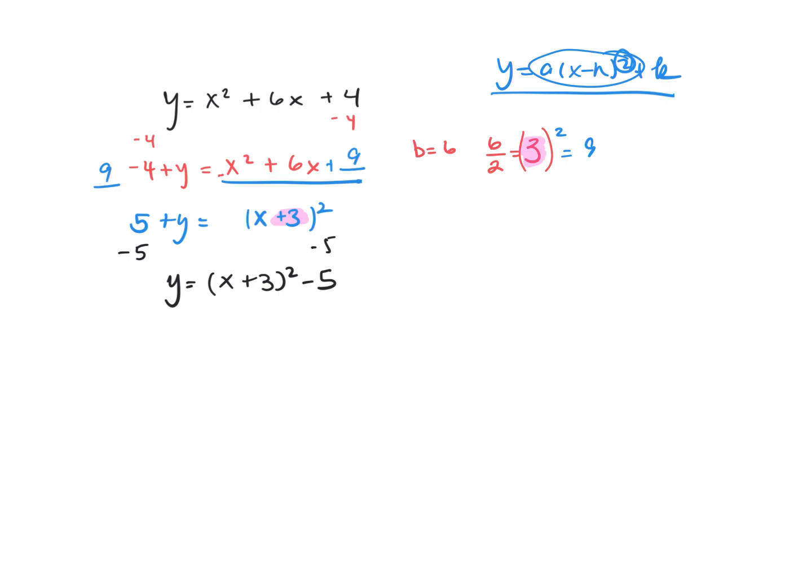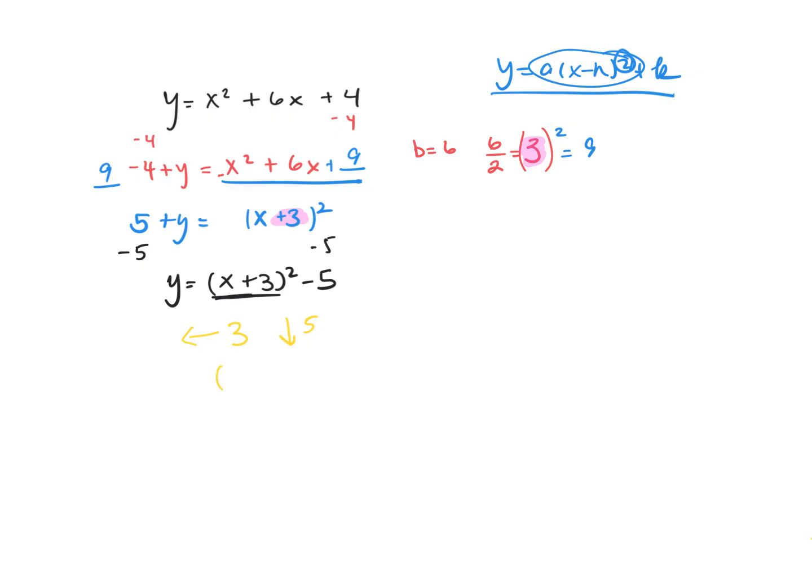Now, if you were to distribute and do FOIL here and combine like terms, you should always come up with what you start with. So that's one way to check. I probably didn't mention before, but that's one way to check, okay? Now, I am going to graph this one only because there's a special thing here. If you go to graph, you know it's going to go 3 to the left, and then down 5.